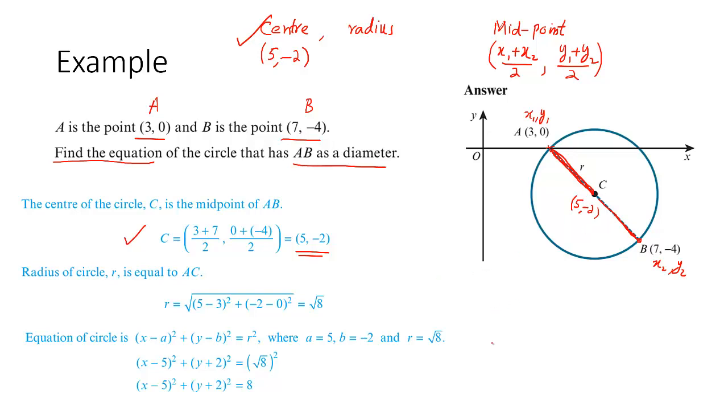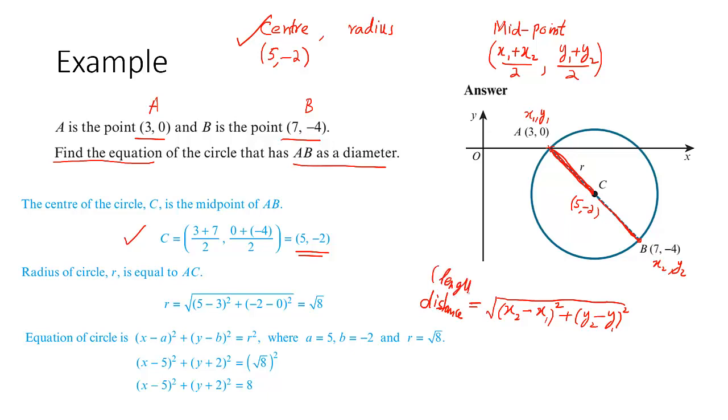So you know the distance formula, which you have studied as well in your O-level and IGCSE coordinate geometry. It is the square root of (x2 minus x1) whole square plus (y2 minus y1) whole square. Student, remember, distance is also called length.